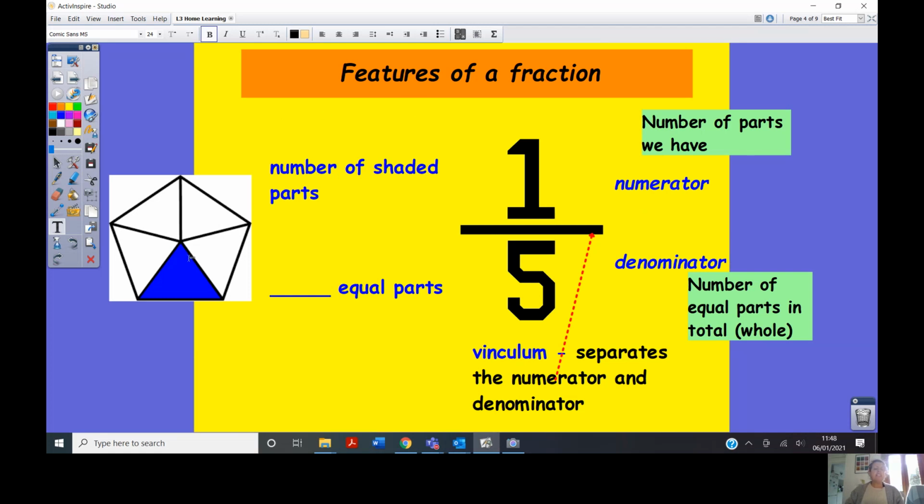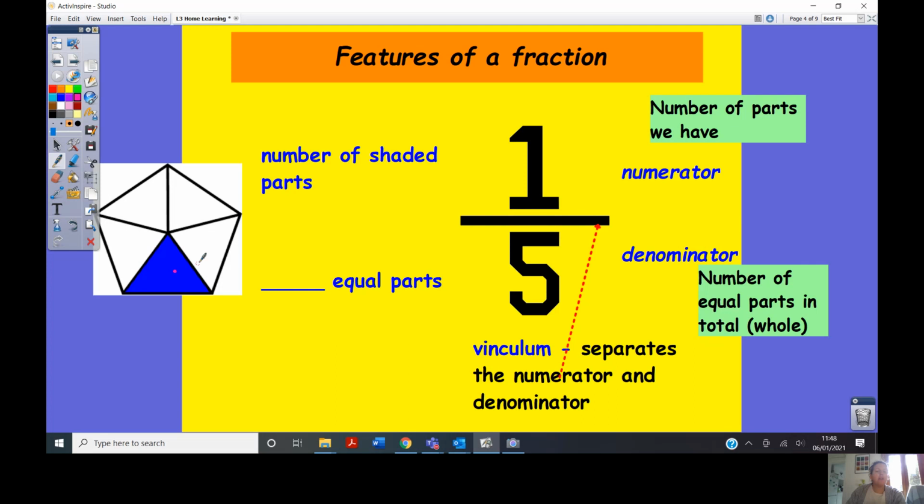So looking at this example here, the number of parts in total is 1, 2, 3, 4, 5. So we have the number of equal parts in total is 5. That is our denominator.